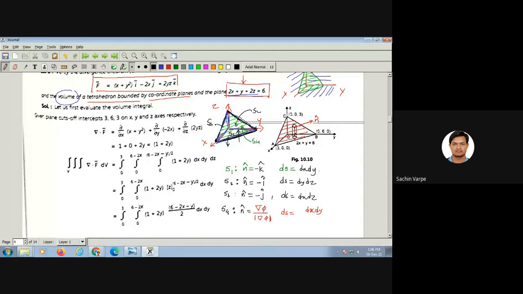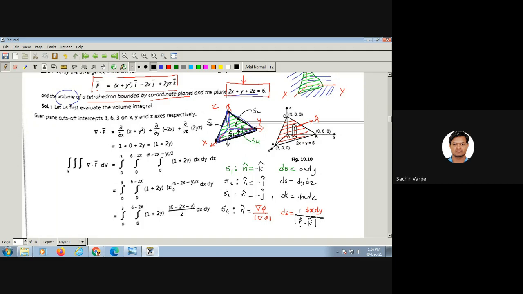So the projection will not give the exact value of the original figure. So there must be some multiplying factor. That multiplying factor is 1 upon mod of n cap dot k cap. This is the multiplying factor.